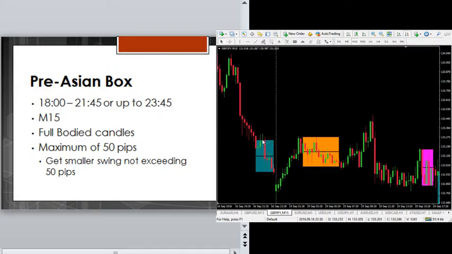We're taking this small swing here as a reference for our pre-Asian box, between 2145 to 2345. The total is only about 28 pips.